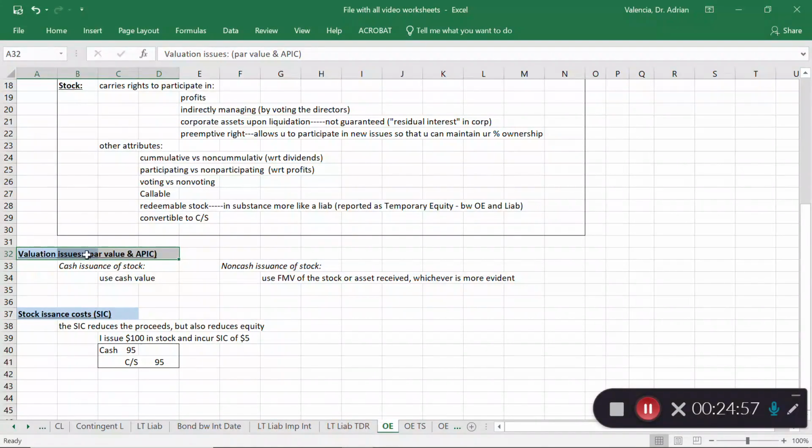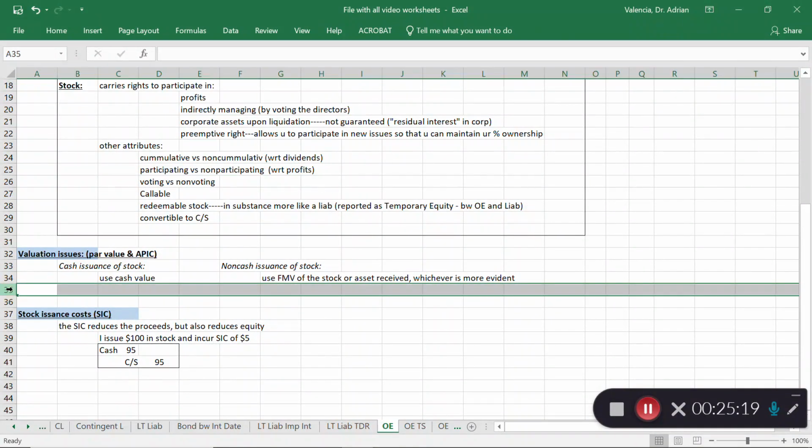So if we sell the shares for cash, and we sell them for as much as people are going to pay us, and each share sells for an amount higher than the par value, then we put the amount related to the par value there, and any remaining amounts go to additional paid-in capital. Let me give you an example.